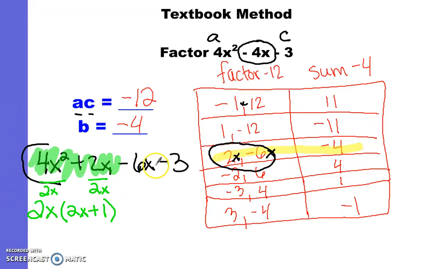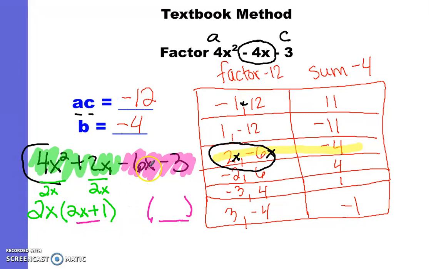Okay, then I need to group these two together. My goal is to get another thing that, when I multiply by 2x, I want, inside my parentheses, again, the same thing. So that is my goal.